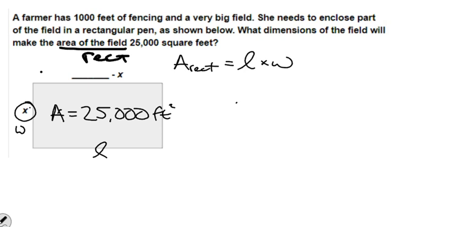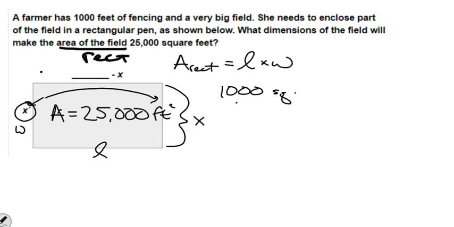Well, if this is X over here, then over here this is also going to be X. So if we're using 1,000 feet of fencing, well, that's basically the distance that we can go around the field, which is another way of saying that's my perimeter.